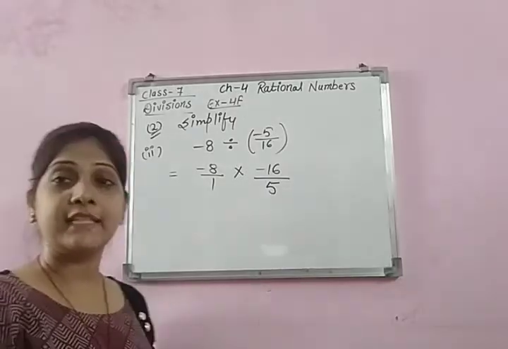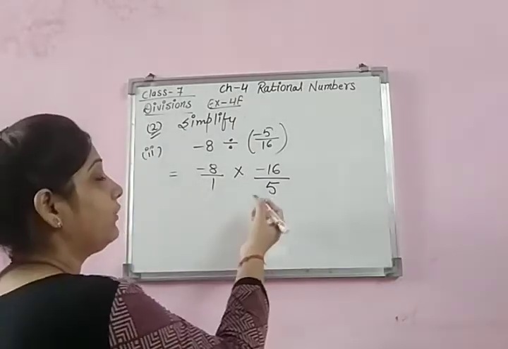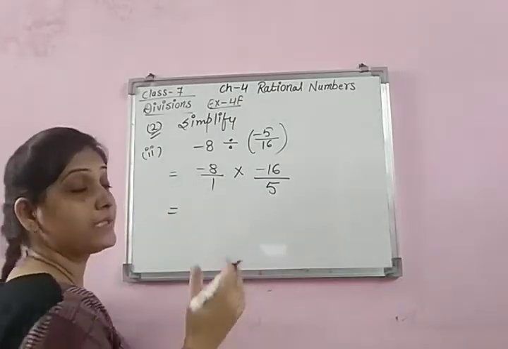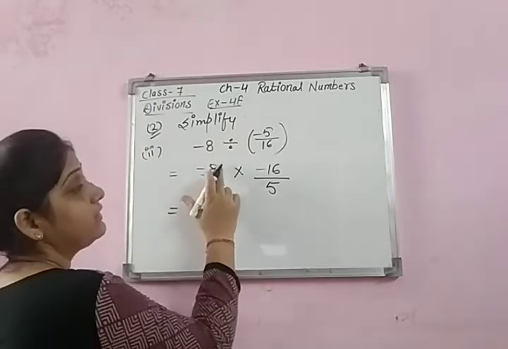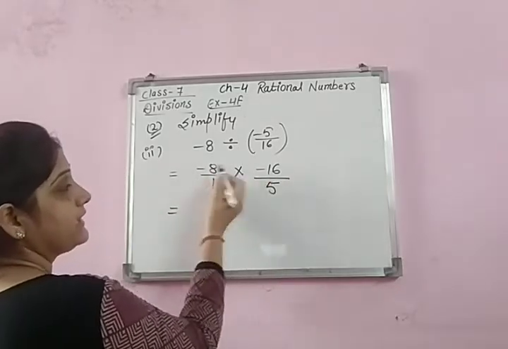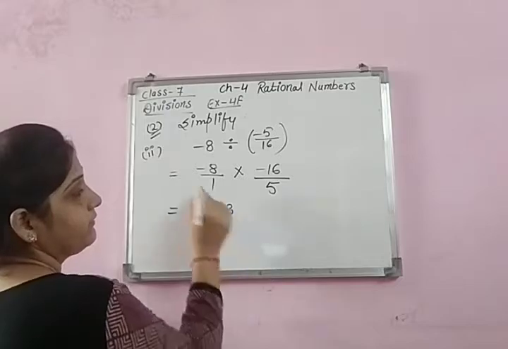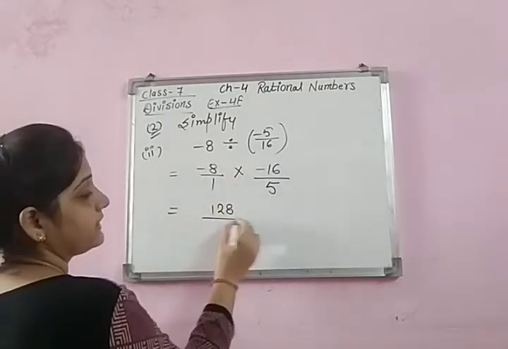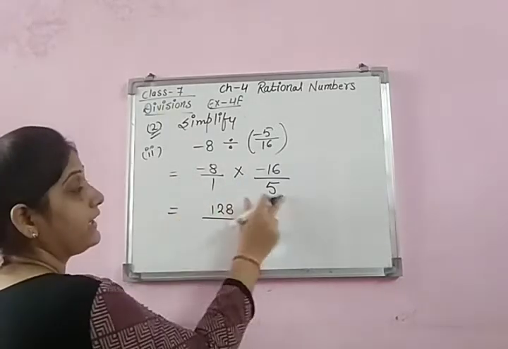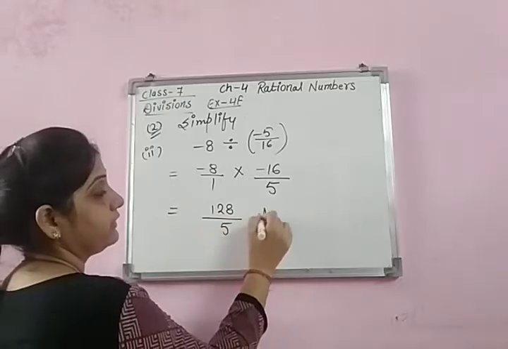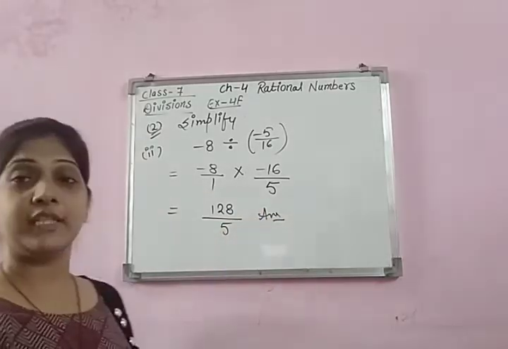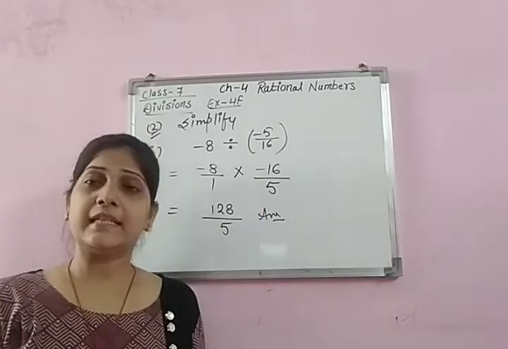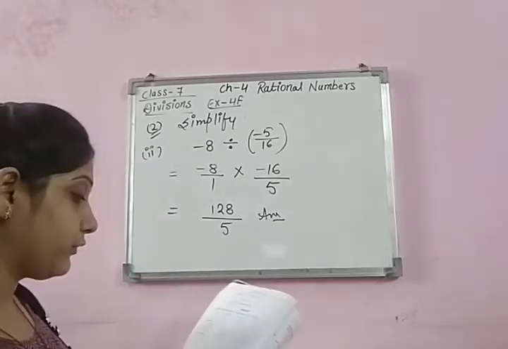So negative 16/5. Now we can do cancellation if it is possible, but here it is not possible. So let's multiply. 16 8s are 128. Minus minus is plus, that's why I am not putting any sign. And 5 1s are 5. This is the answer, 128/5.